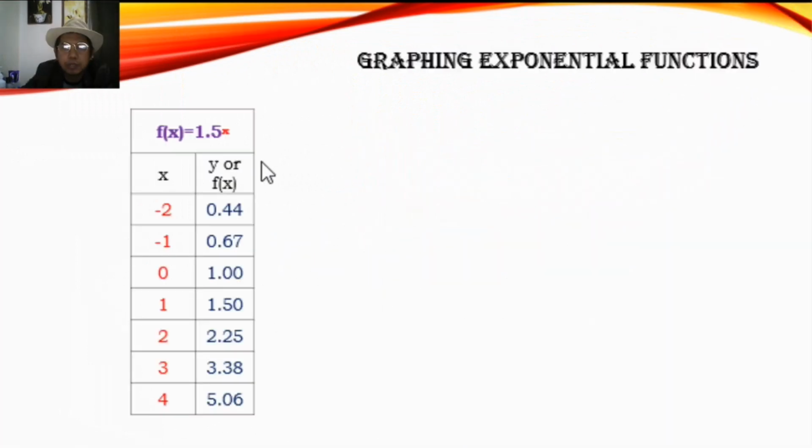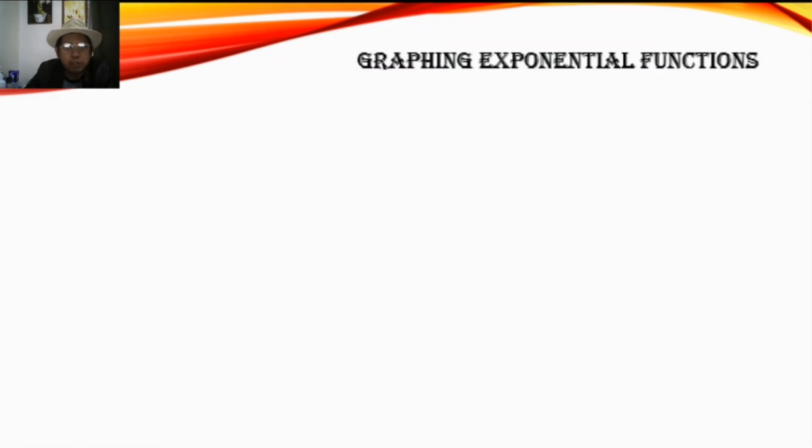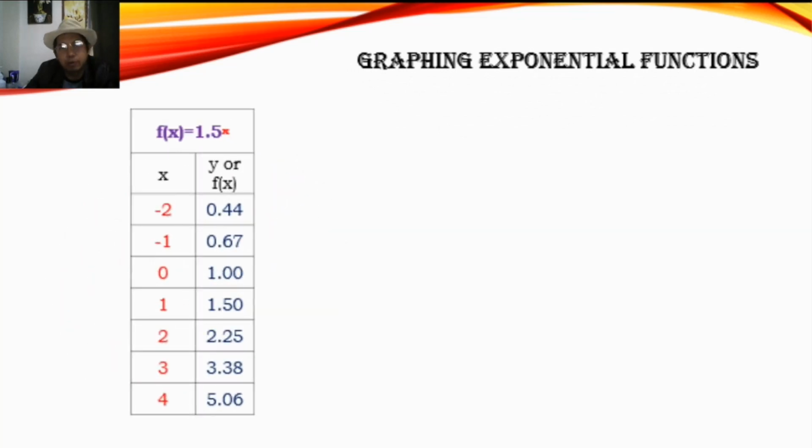To graph the exponential function that we just computed a while back, now we are going to summarize the result into a table. So we have here the summary of our evaluation. If I have x as negative 2, my result would be 0.44.